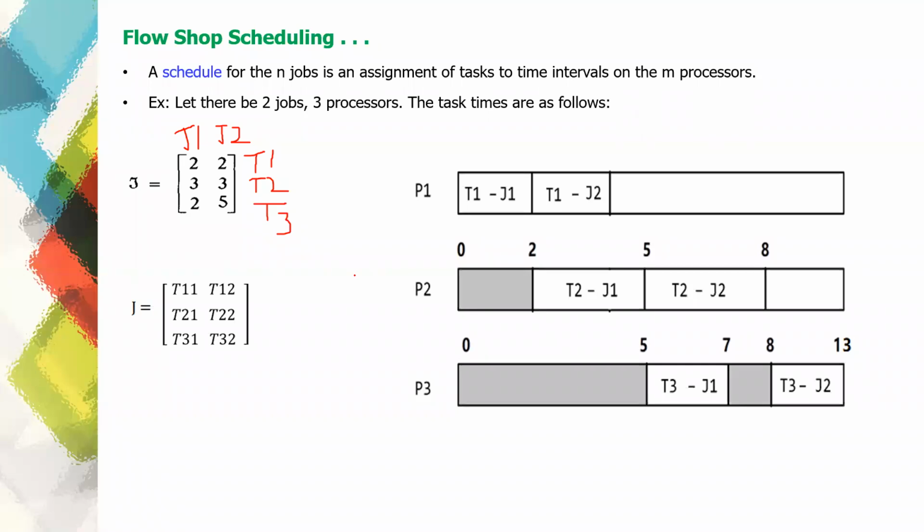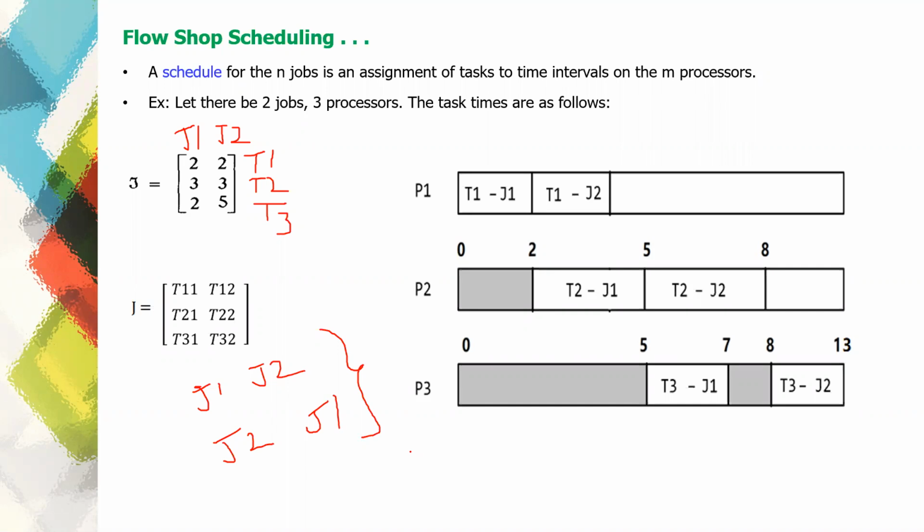I can execute first job number 1, then job number 2, or another possible schedule is to first execute job 2, then job 1. So these are the 2 possible schedules. Among these 2 schedules, whichever gives me minimum finish time, that I will treat as an optimal schedule.